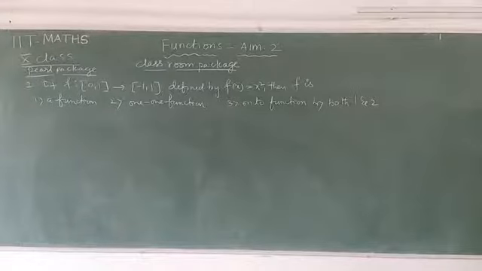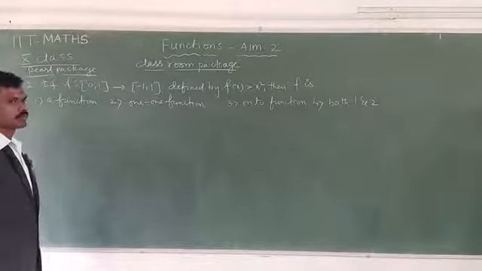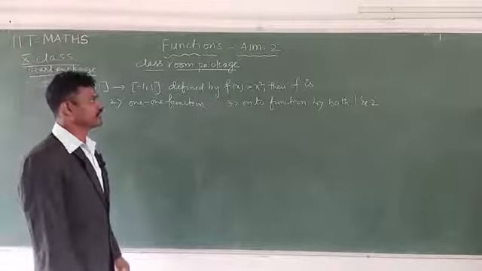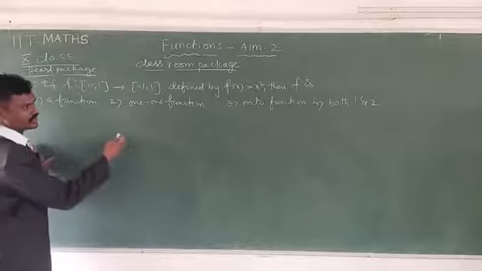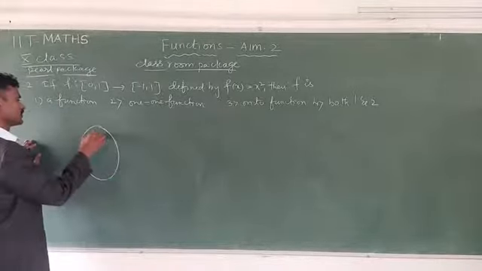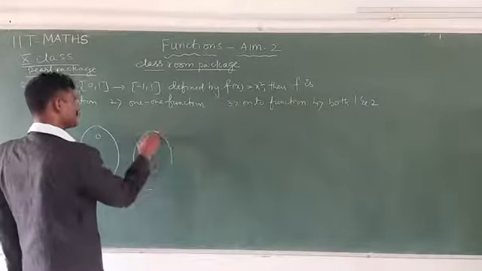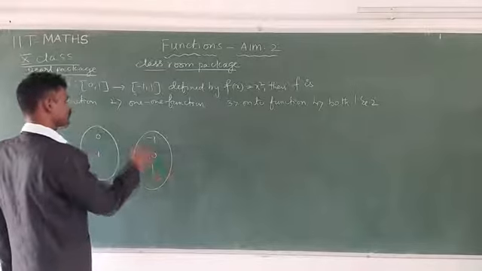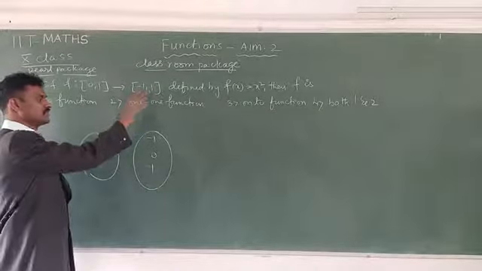Okay, next, second one: if f is a mapping from the closed interval [0, 1] to the closed interval [-1, 2] defined by f of x is equal to x square, then is this a one-one function or onto function? Check here. Here this is the closed interval 0 and 1 and this is the closed interval -1 to 2. Closed interval means here -1 to 1, in between 0 is also there.